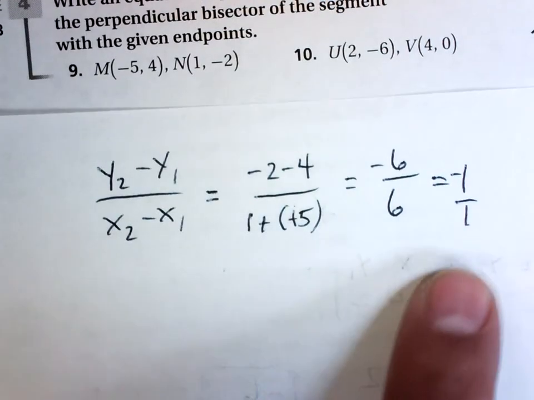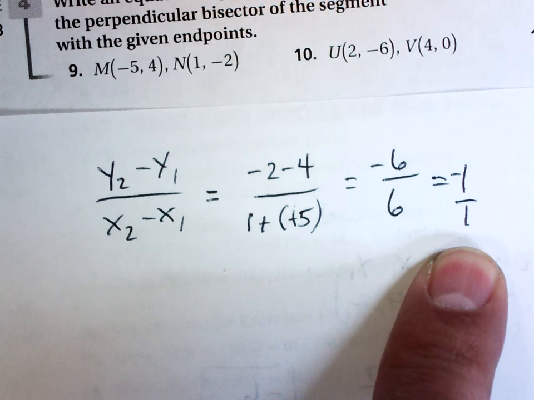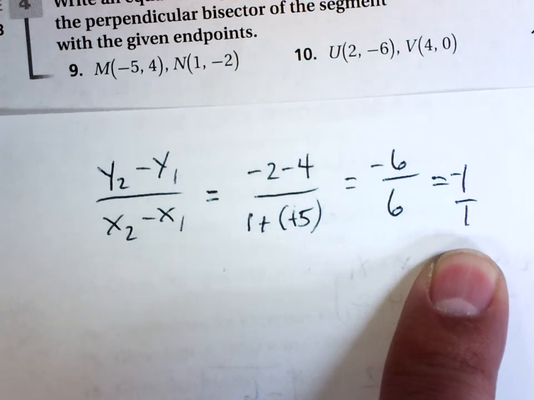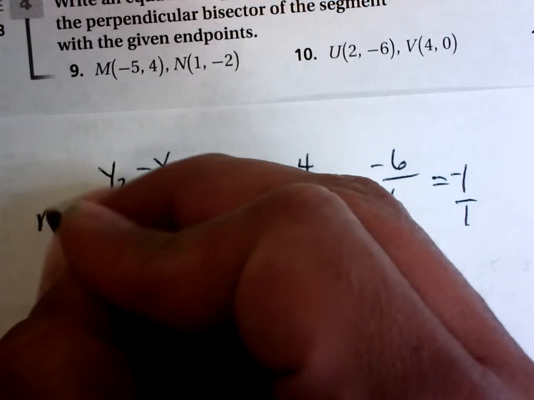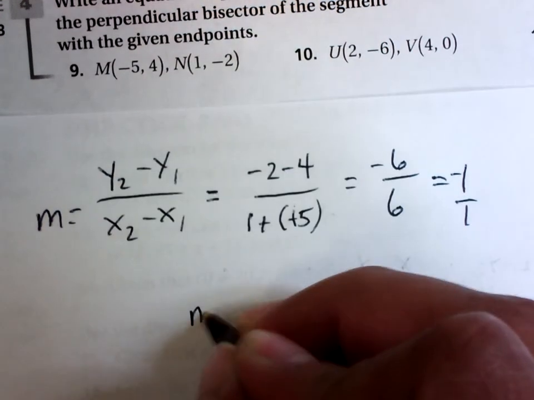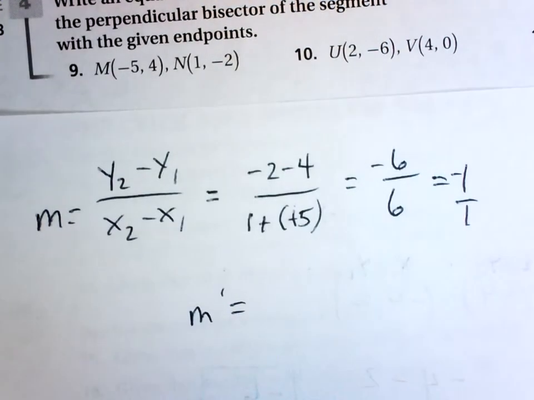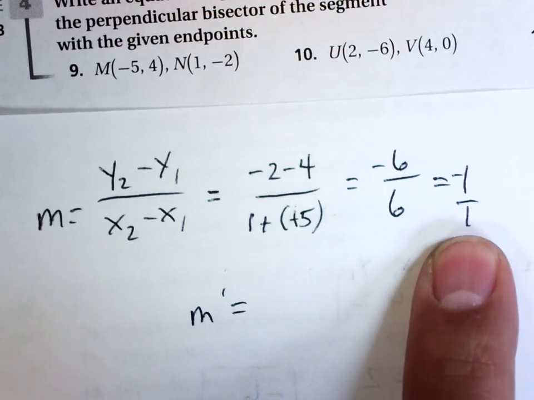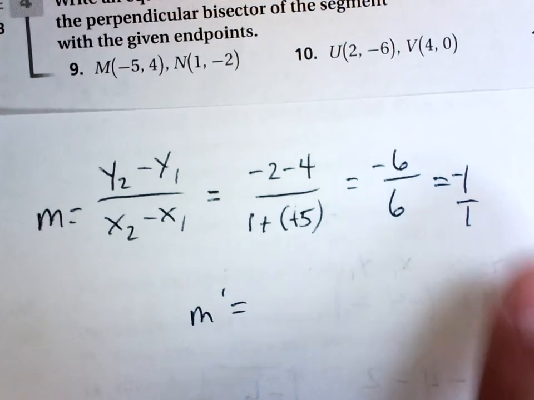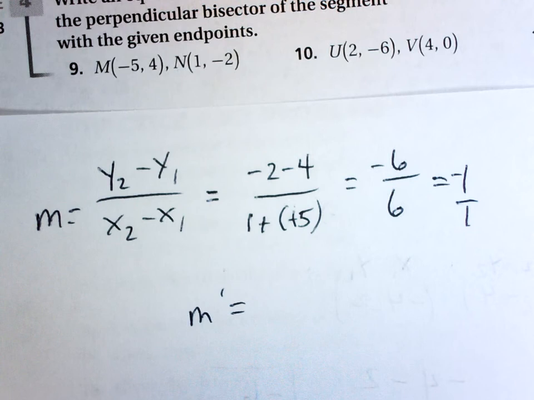So if this slope was negative, which it is, for the slope of the perpendicular, you change the sign. I'll call this m for slope, and m prime the slope of my perpendicular. Remember, for perpendicular slopes, you flip the fraction and you change the sign.